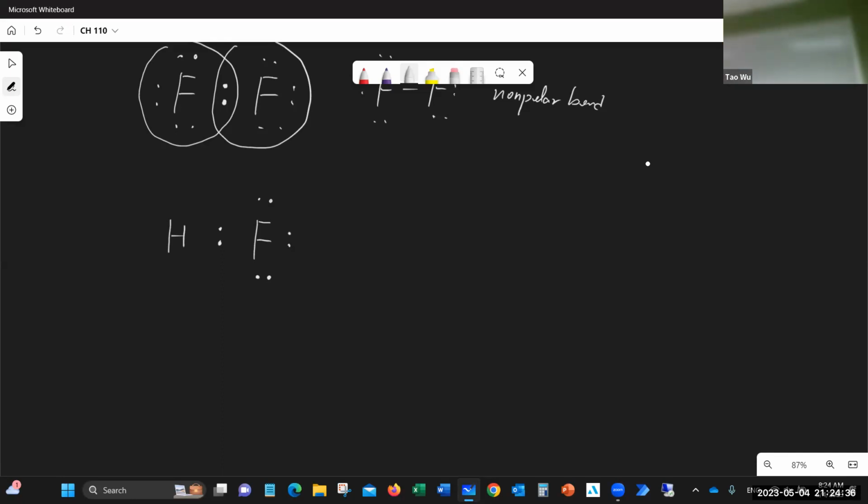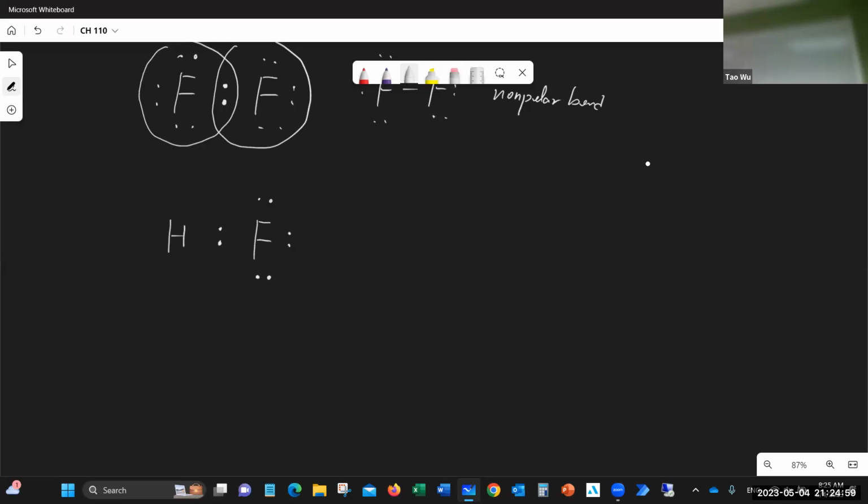When we talk about the trends for electronegativity, this area has the very highest electronegativity, and this area has the lowest. Hydrogen is over there, much lower, and much smaller than the fluorine.